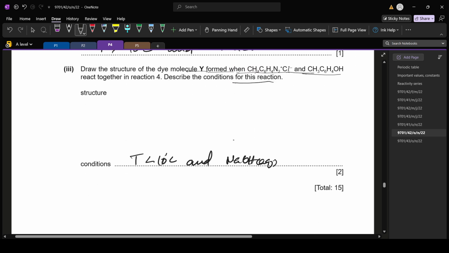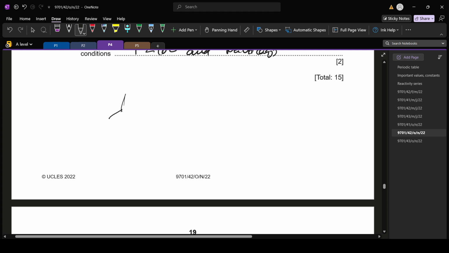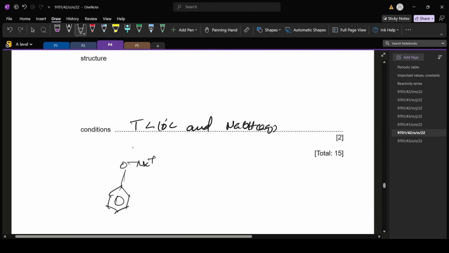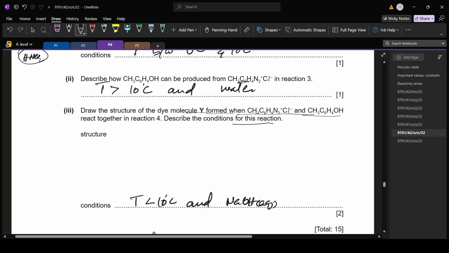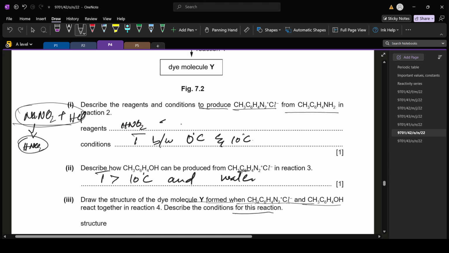So when it reacts with NaOH, it forms this ion, and this reacts with the diazonium ion to form this dye Y.